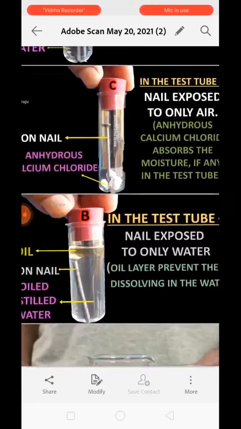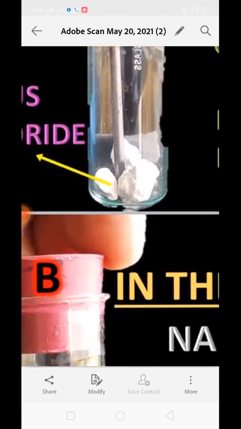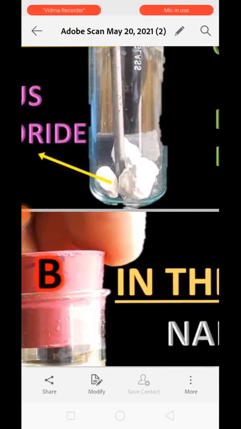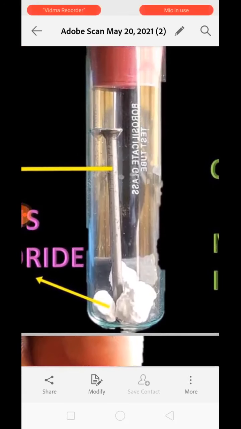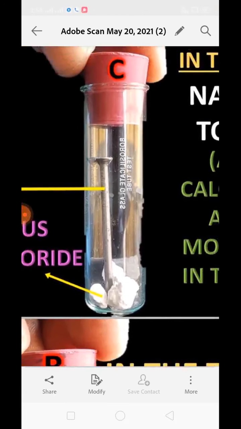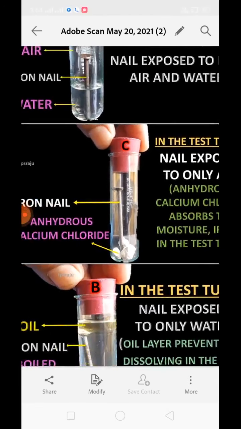Now in test tube C, see over here, we have placed anhydrous calcium chloride. This is a very important substance because it can absorb moisture from the immediate environment, and now the immediate environment is the inside of the test tube. When we placed this anhydrous calcium chloride inside the test tube, it absorbed all the moisture.